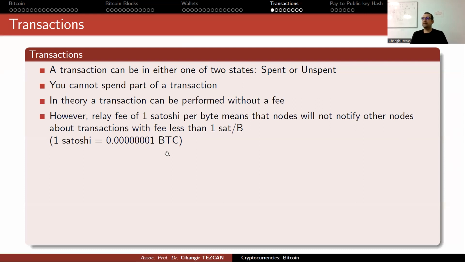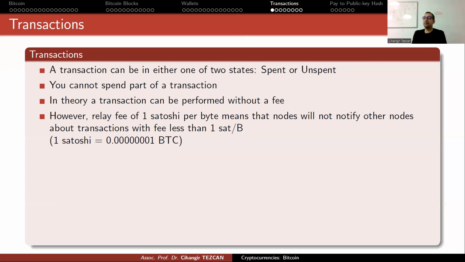And if you create a transaction and the amount of money you are paying as a fee, which you determine by yourself, is less than 1 Satoshi per byte, this means that when you create the transaction, it is maybe 1,300 bytes and so on. For that case, you have to determine how many Satoshis you are paying per byte.